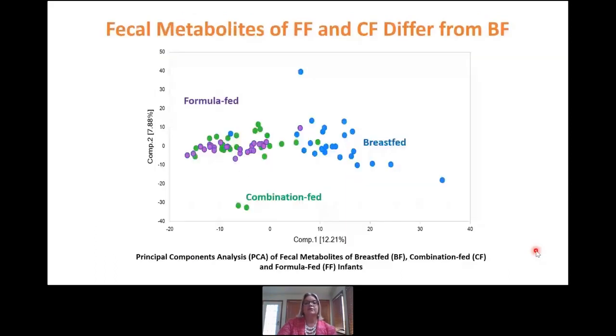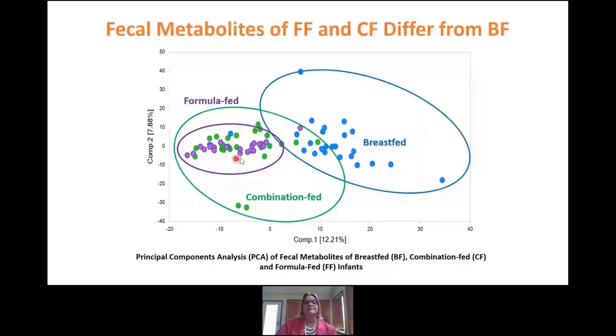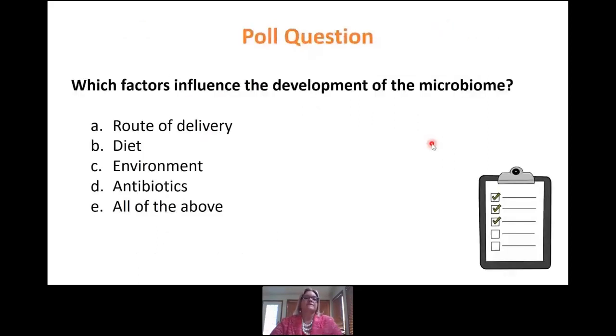We did fecal metabolomics, and the same story plays out, but it's even more clear, where the formula feds and the combination feds are clustering more tightly than the breastfeds. So this is an area of active research where we're looking at what the components are and what the functional implications are of the fact that the breastfed infants are distinctly different from the formula and combined fed.